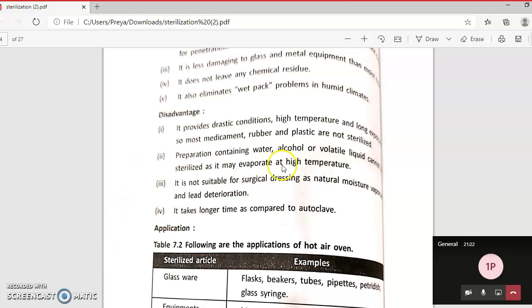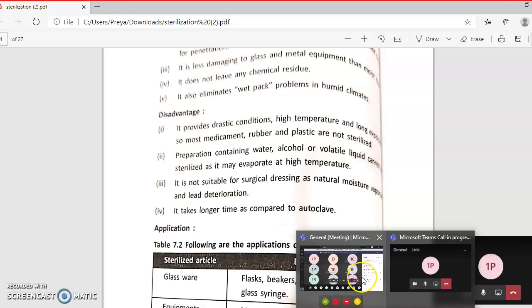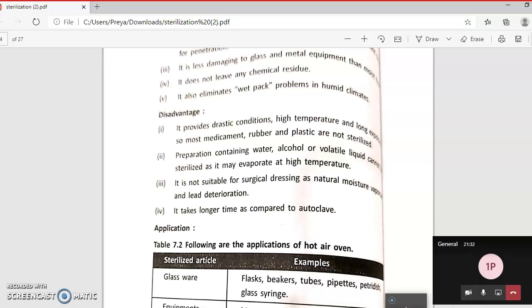It is not suitable for surgical dressing. Remember this, this also comes in the comment. Do you know what surgical dressing is? It is bandage, cotton, gauze, which we use for dressing, all the things are called surgical dressings.